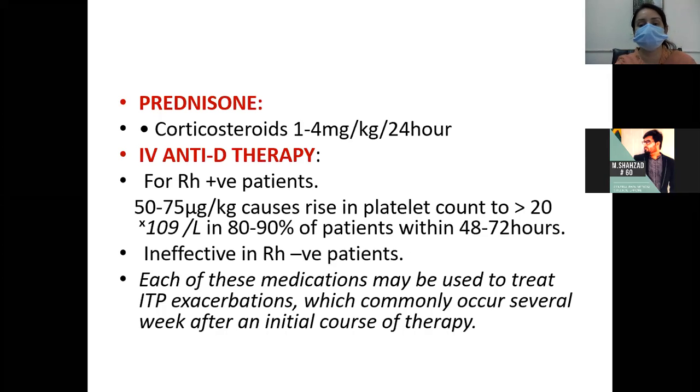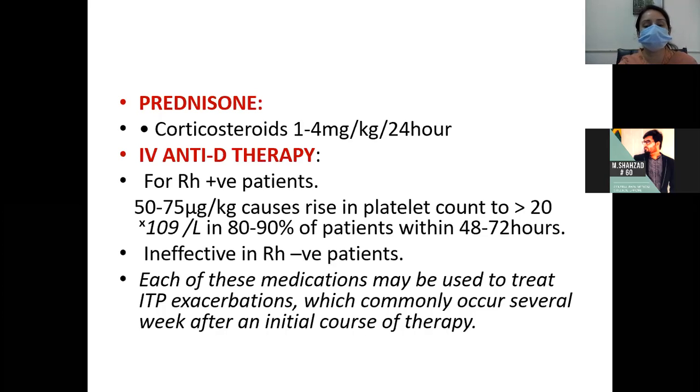It causes a rise in platelet count of more than 20 in 80 to 90% of patients within 2 to 3 days, or 48 to 72 hours, and it is ineffective in RH negative patients. Remember, we can give intravenous anti-D, but it will be effective in RH positive patients and ineffective in RH negative patients.